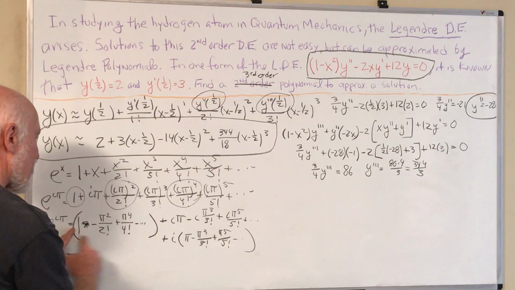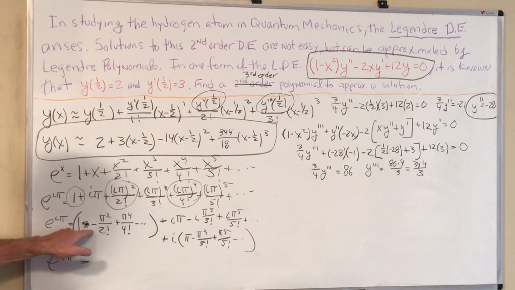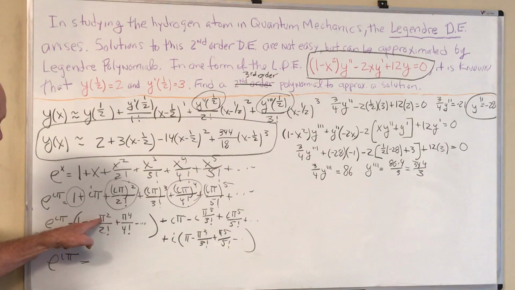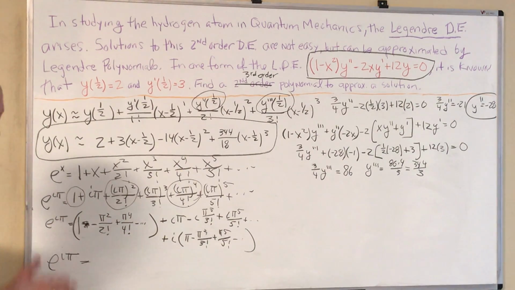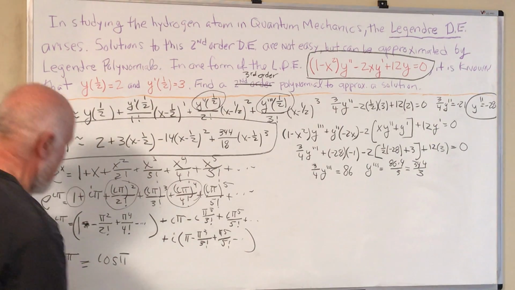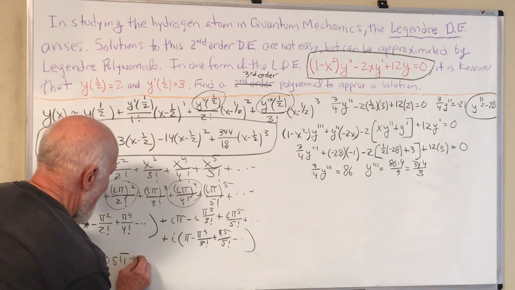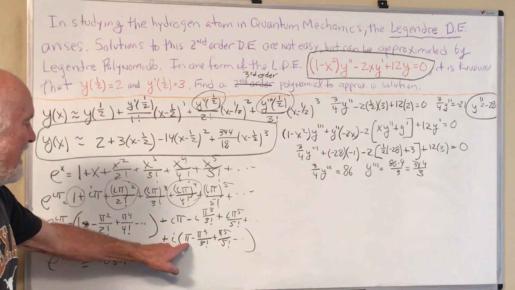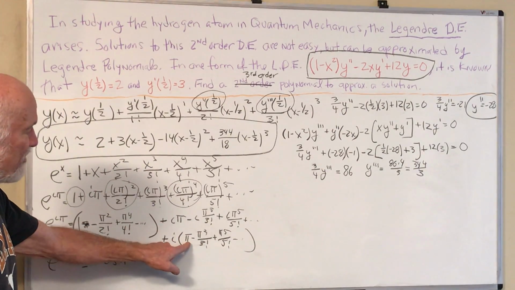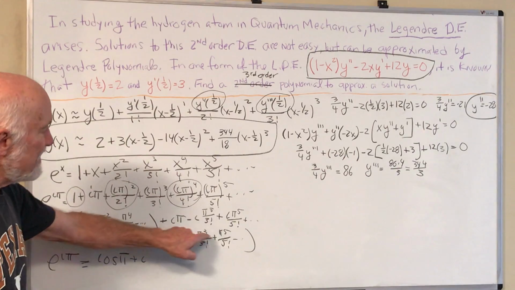When we look at this series, doesn't it look a lot like the cosine? This is a Taylor series for the cosine. In place of x, we plugged in pi. So this is really just the cosine of pi plus I times, and if you look at this series, it looks like the sine Taylor series with pi plugged in for x.